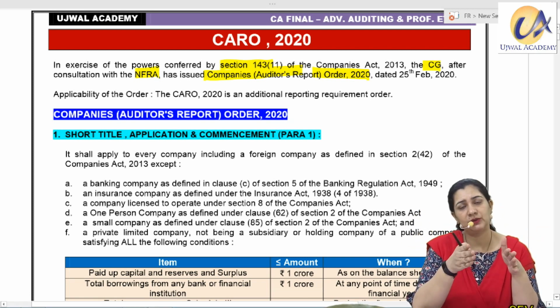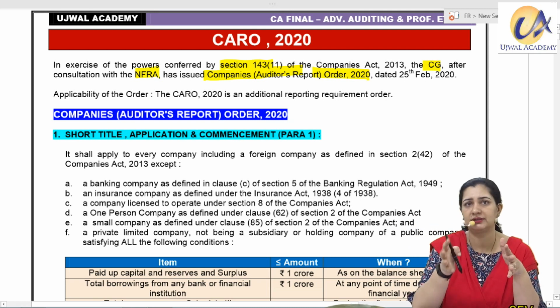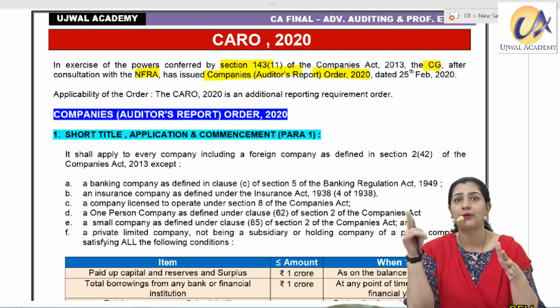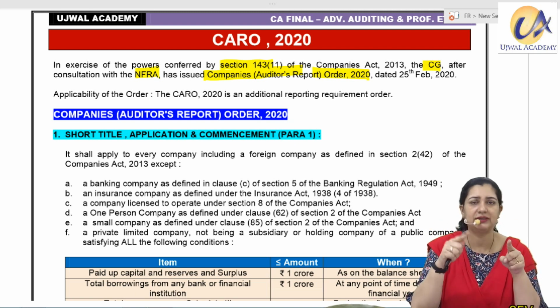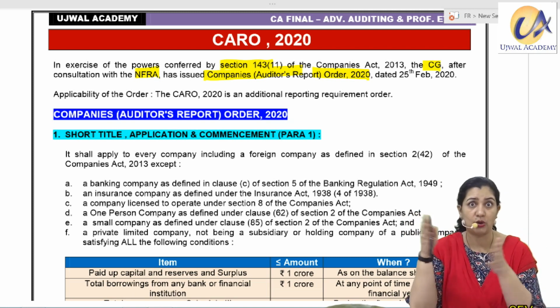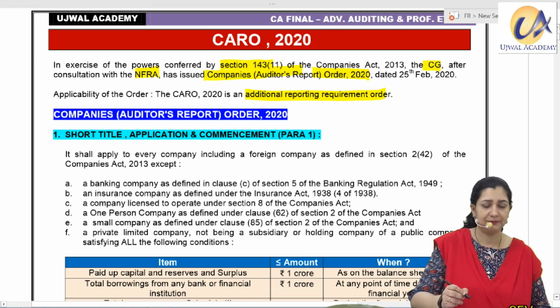So then they extended the CARO applicability and it was made applicable for the year 21-22 and onwards. So the first reporting is going to happen for the financial year 21-22. And as an auditor, we will have to report 21 extra points from the year 21-22 onwards. Like we said, it's an additional reporting requirement.